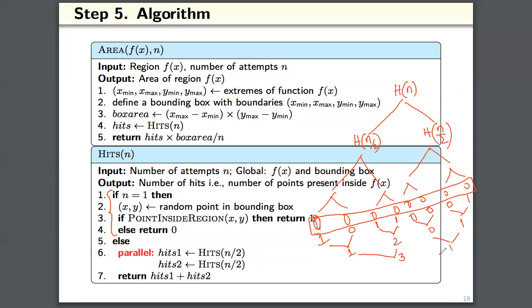This is 1. So totally 4 hits. Then 4 divided by the total number of points, maybe n, times the bounding box area, say 8 here. That will give you the area of the closed shape.